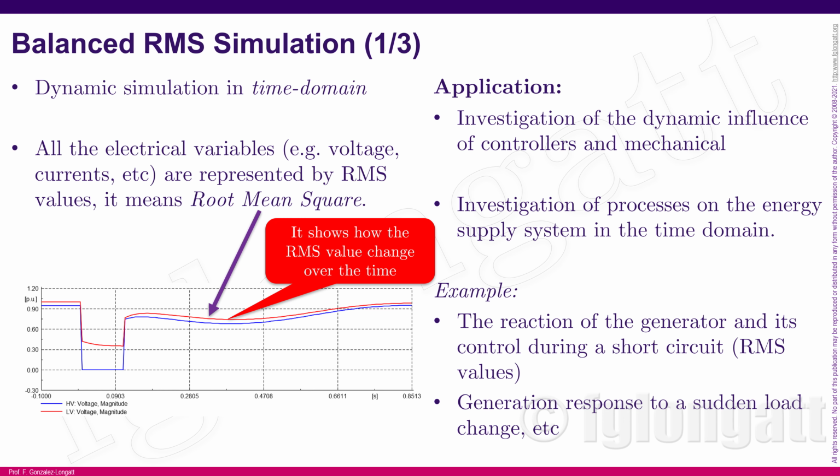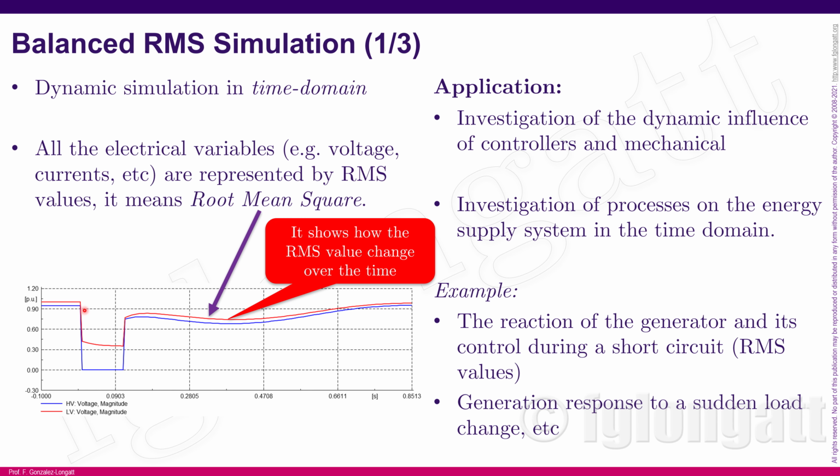For instance, here, this is the representation of two voltages, and when you are running RMS simulation, remember that all the electrical variables, voltages, currents, etc., are characterized by their RMS values. What I am telling you is, for instance, in this plot, this voltage would be a sine waveform because we are using an AC system.